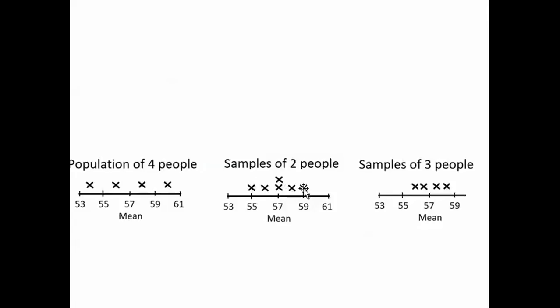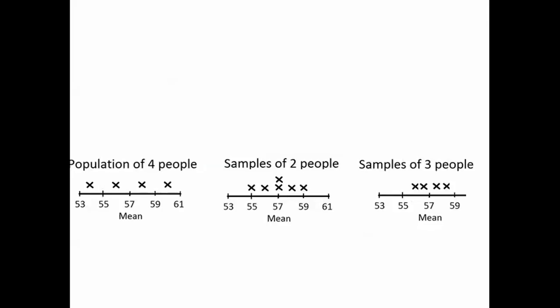They're closer together than the individuals are. And the means of the possible samples of 3 people have even less dispersion. So when you go from each value being one person to each value being two people to each value being three people, the values move in closer and closer to the center. They have less and less dispersion, like we see in this diagram.